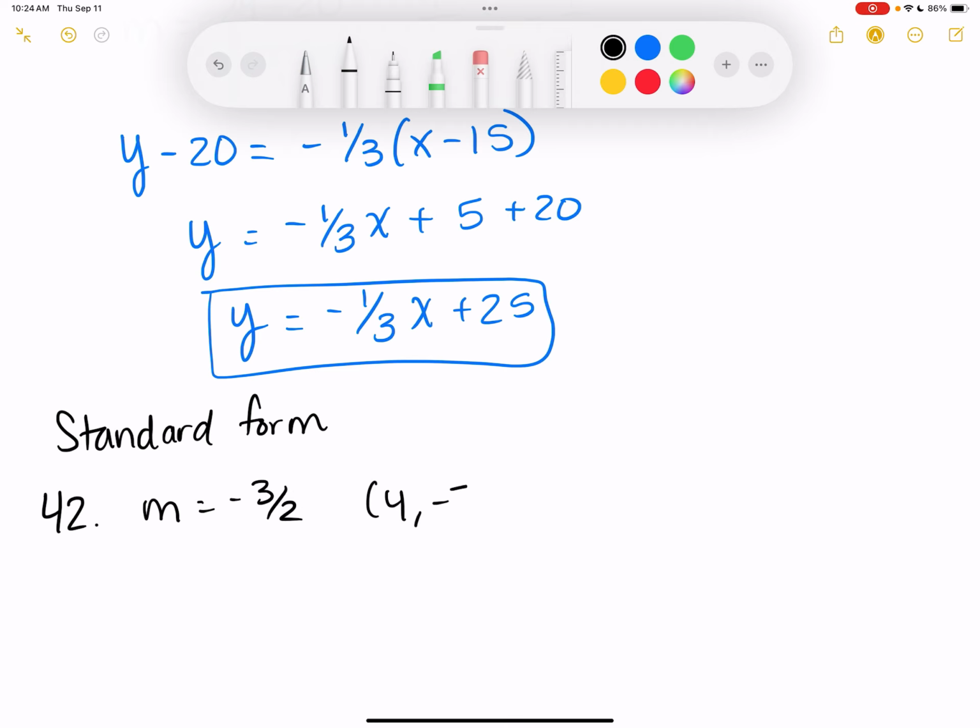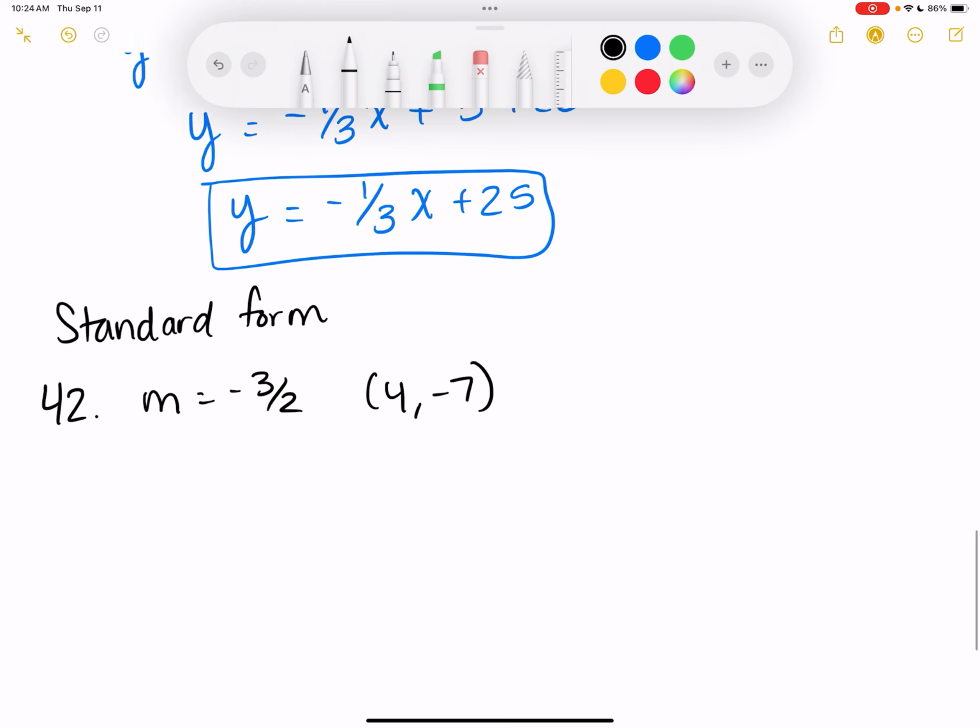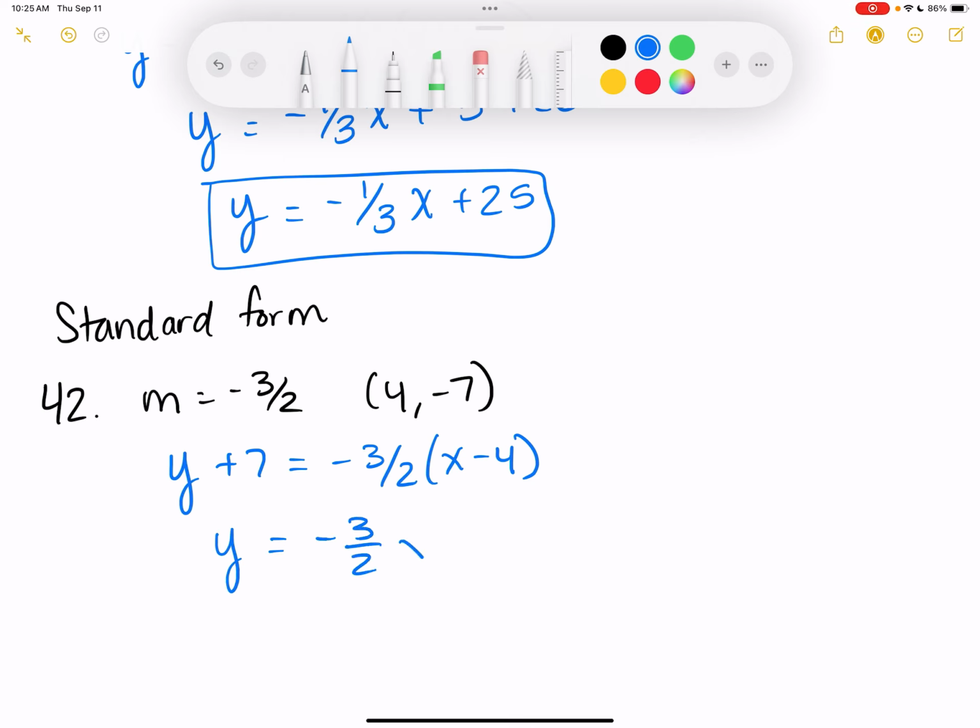So if I have a slope and a point, I always am going to have to start out in point slope form. And so I would have y plus 7 equals negative 3/2 times x minus 4. I'm going to distribute and move the 7. So y equals negative 3/2 x plus 6 minus 7.